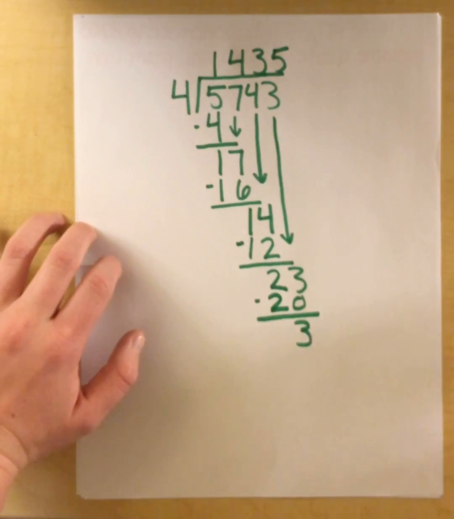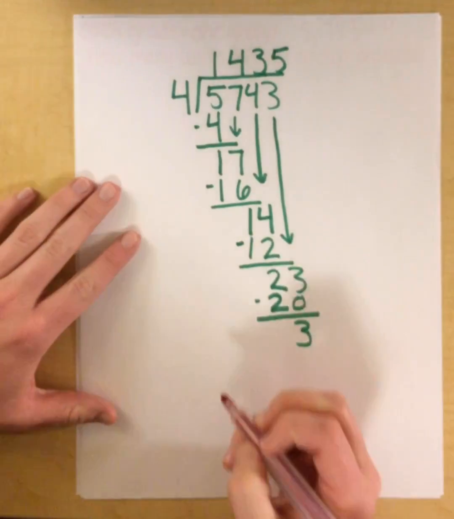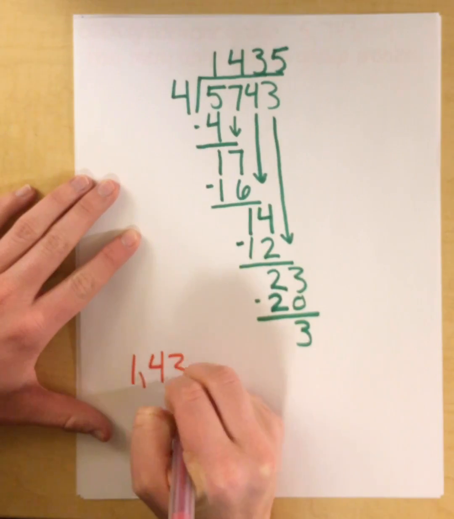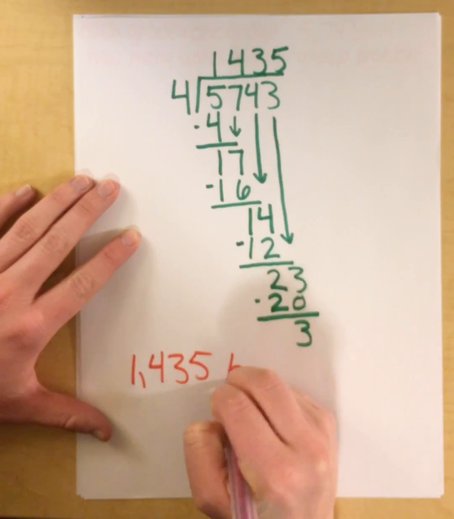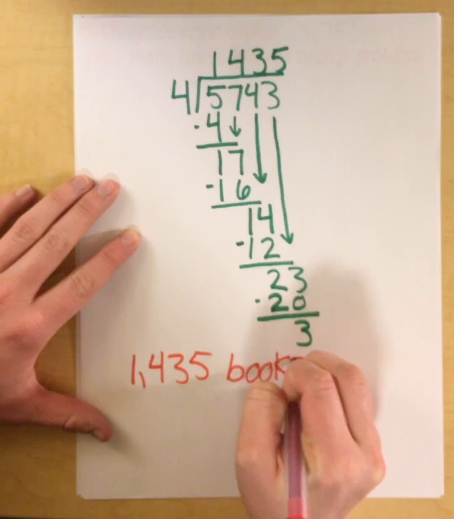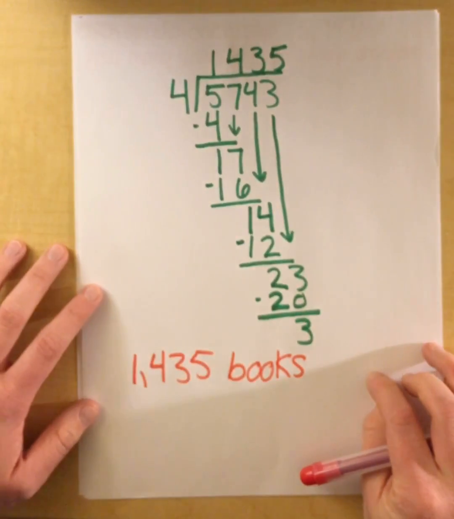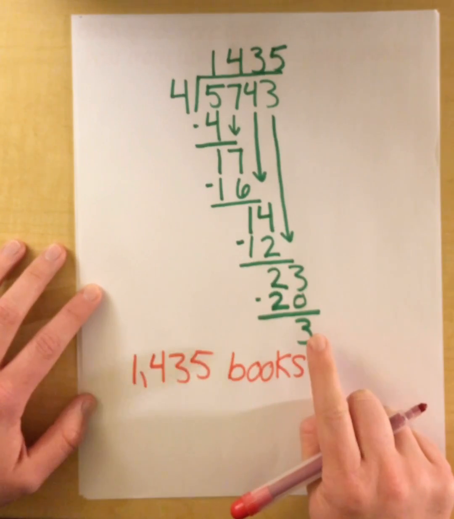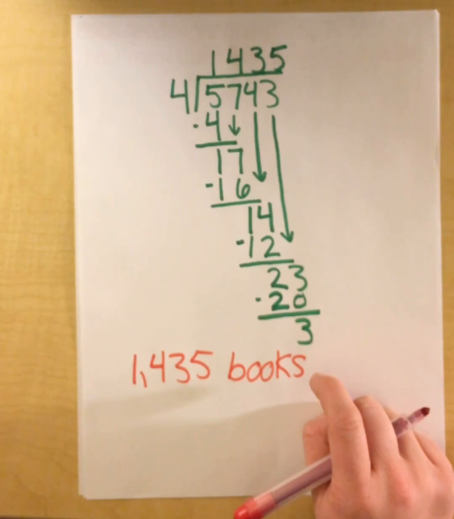So we know that each grade is going to get 1,435 books. But what does this 3 remainder mean? We can't divide 3 books equally among 4 grade levels.